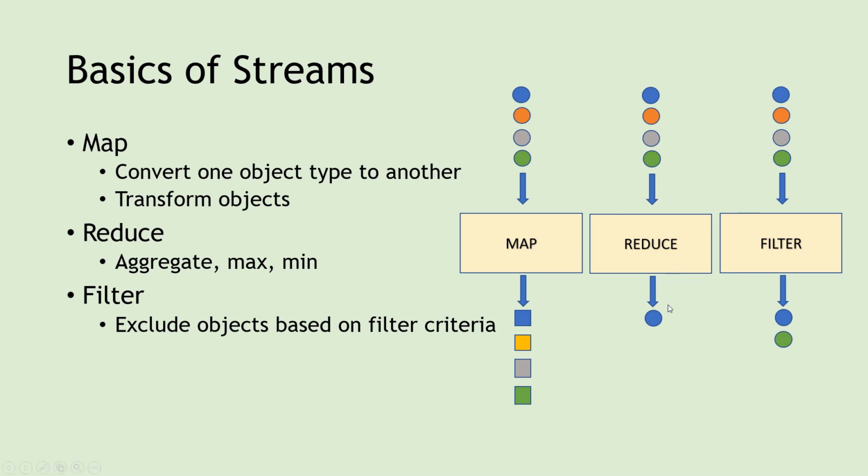And then the last thing is filter. So in filter, you can put a condition, and on the basis of that filter condition, it would eliminate all the objects in the list which are not matching that specific predicate. Predicate is specific terminology in Java for the functional interfaces. For now, to keep it simple, we can call it conditions.